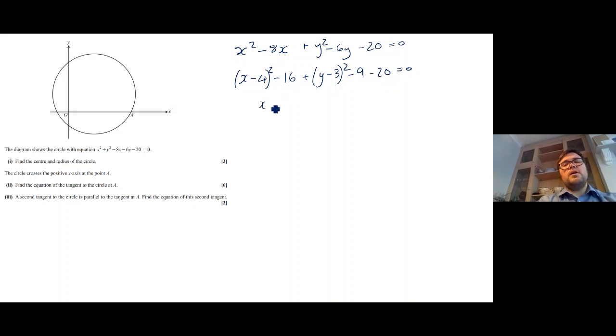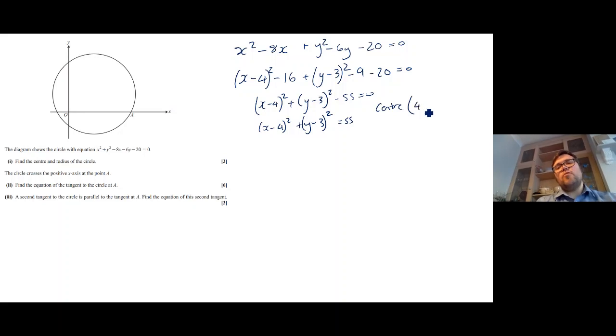It's almost in that format: x minus 4 all squared plus y minus 3 all squared equals 45. Therefore, the center coordinates are going to be 4, 3.